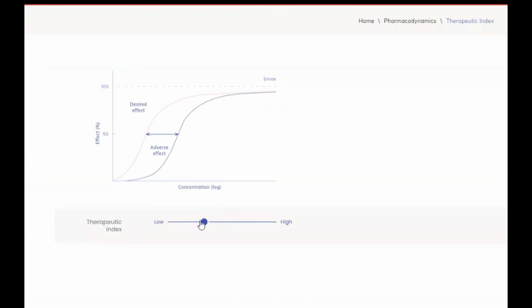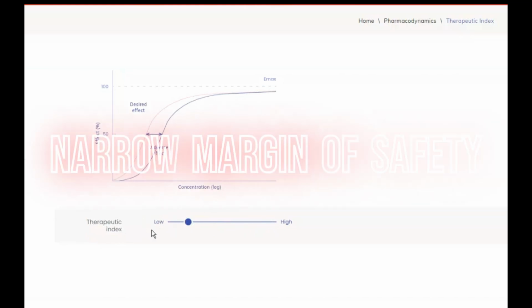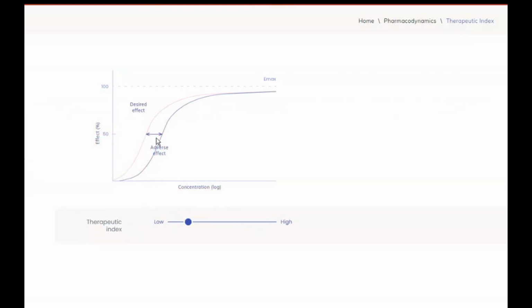While for drugs that have a very narrow space between the curve that reflects the effective concentration of the drug and the curve that reflects the toxic concentration of the drug, the therapeutic index is described as low, which means that the margin of safety is also narrow.